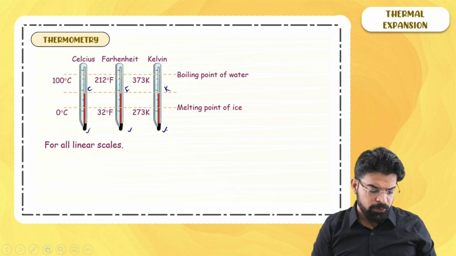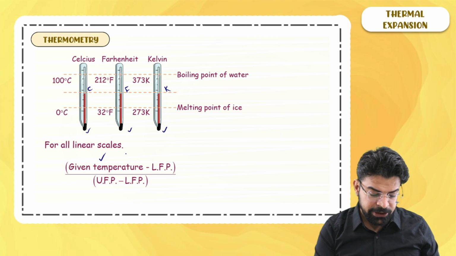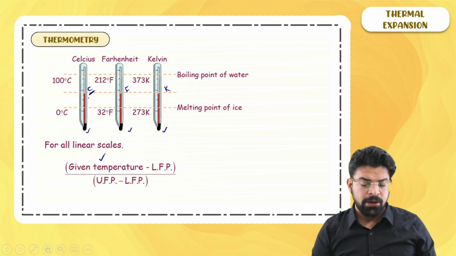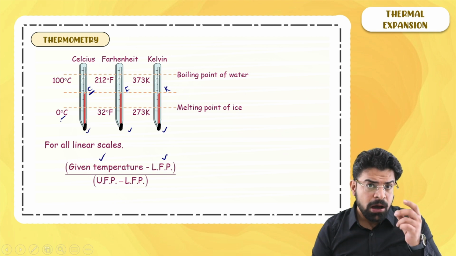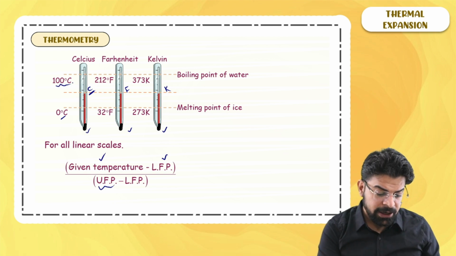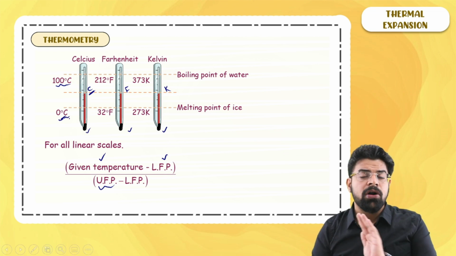Given temperature C minus lower fixed point 0 upon upper fixed point 100 minus lower fixed point 0 is the same for all scales.